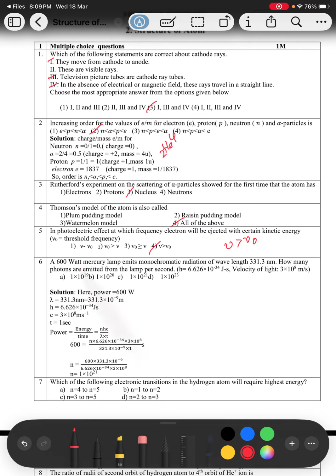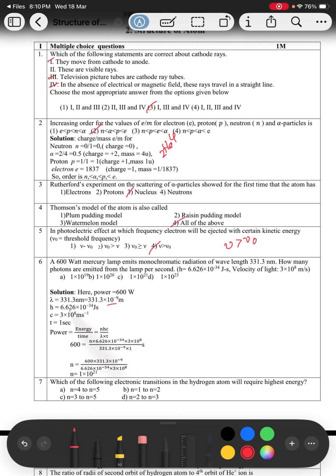A 600 watt mercury lamp emits monochromatic radiation of wavelength 331.3 nanometers. How many photons are emitted from the lamp per second? Planck's constant and velocity of light are given. Here power equals 600 watts, wavelength equals 331.3 nanometers. Convert this to meters: 1 nanometer equals 10 power minus 9 meters.